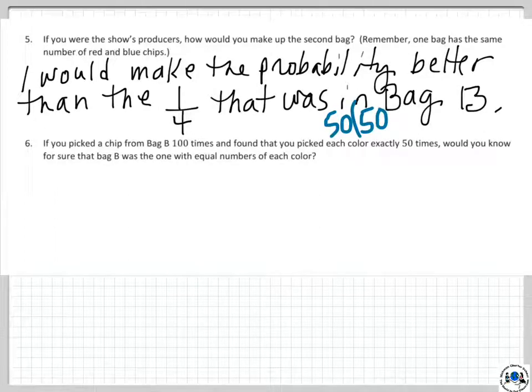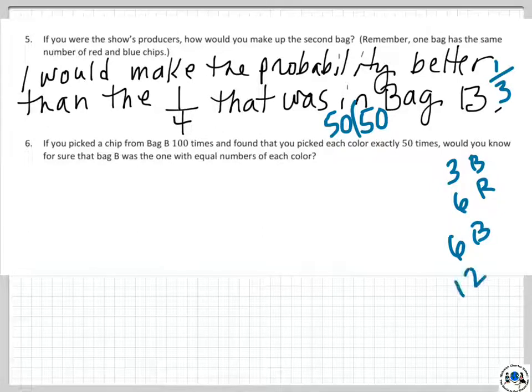Still, I think maybe a 1 out of 3 chance or something, for the other bag. So what would that mean? You'd have something like 3 blue and 6 red, or 6 blue and 12 red. Okay. So something like that. These yield a bit of a better chance than what I had put in the other.